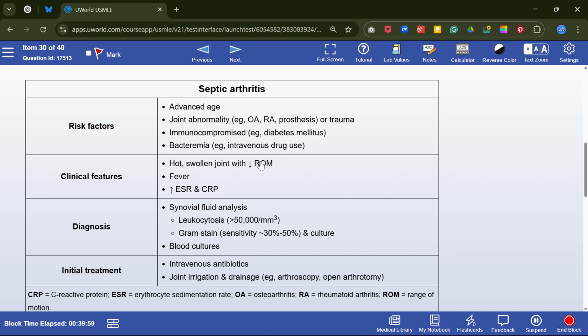Clinical features: hot, swollen joint with decreased range of motion, fever, and increased ESR and CRP. Synovial fluid analysis: leukocytosis more than 50,000, gram stain sensitivity 30 to 50%, and culture, blood culture. Initial treatment: IV antibiotics and joint irrigation and drainage, arthroscopy and open arthrotomy.